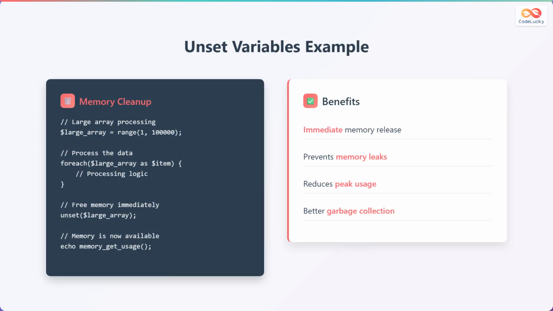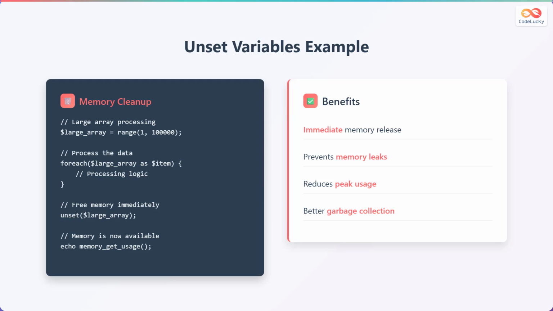Let's illustrate how unset variables can free up memory. Imagine you're processing a large array with elements ranging from 1 to 100,000. After you've completed processing the data using, for example, a foreach loop, it's time to release the memory occupied by that array. By calling unset and passing the large array variable, you immediately free the memory.